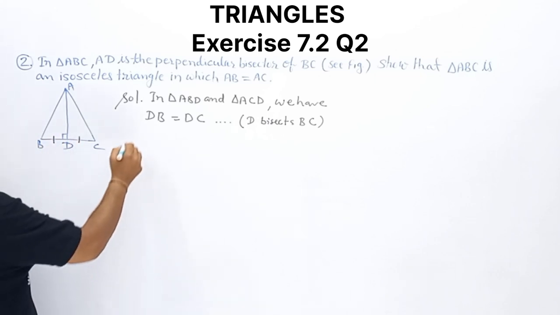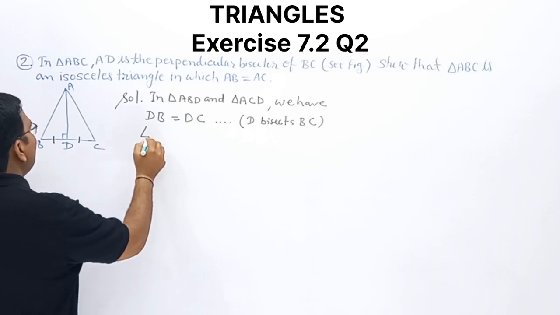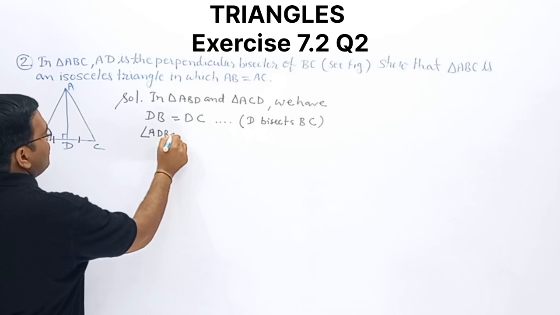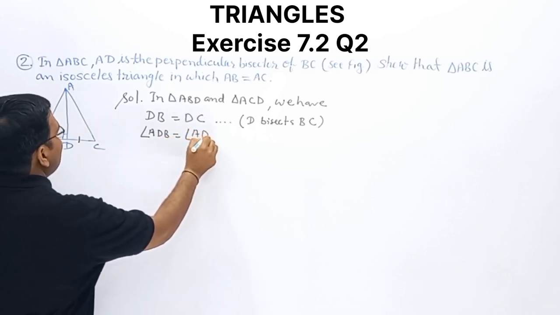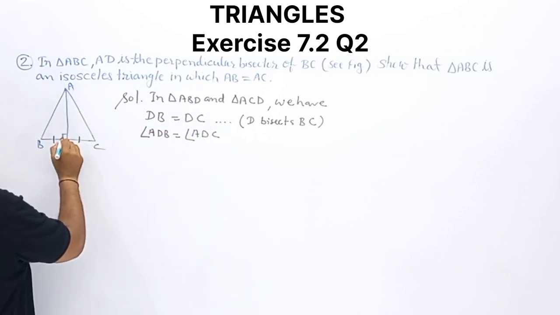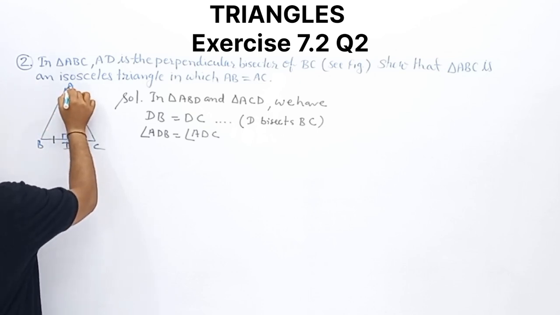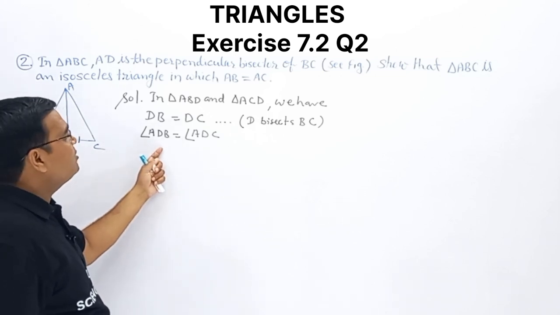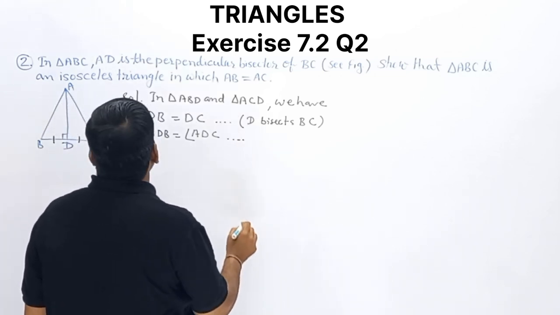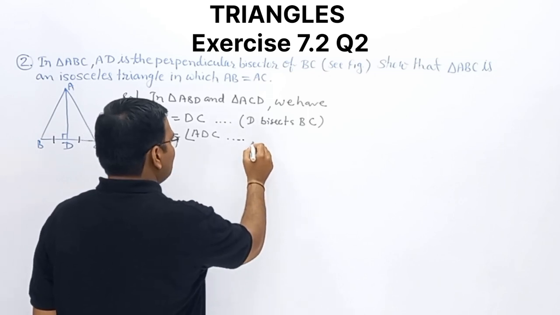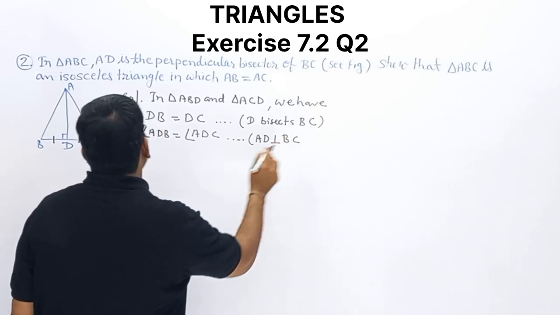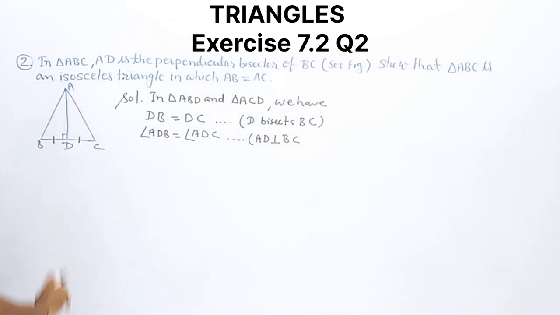Another thing, angle ADB equals angle ADC. Both angles ADB and ADC are equal. Why? Because AD is perpendicular to BC.